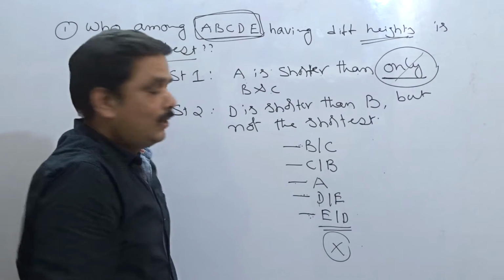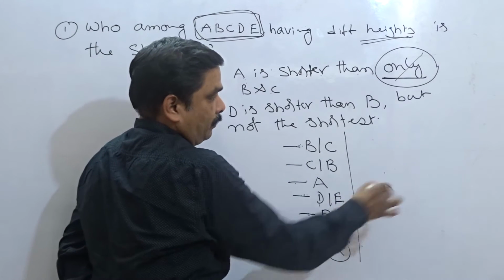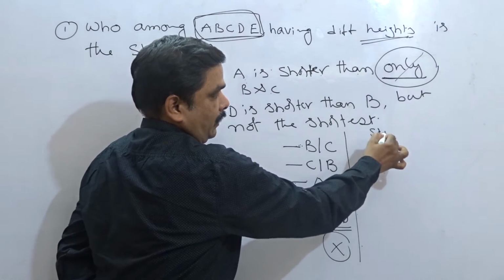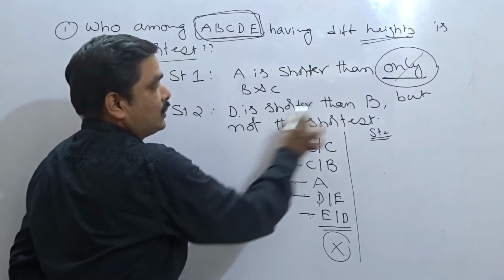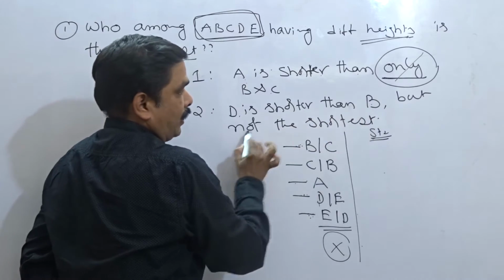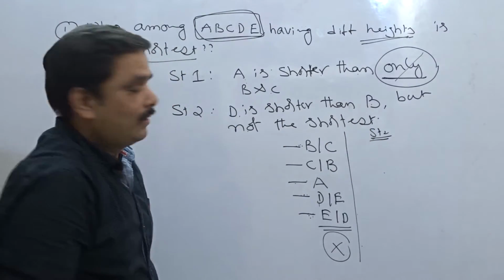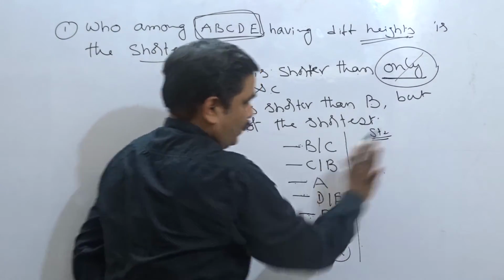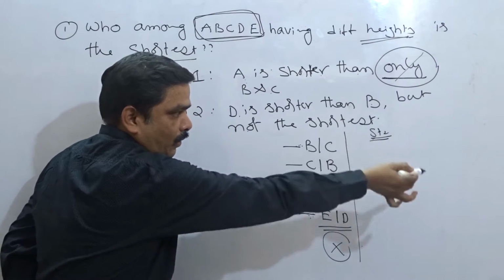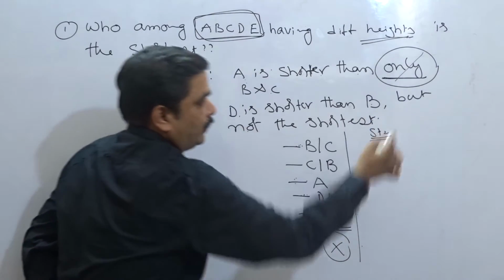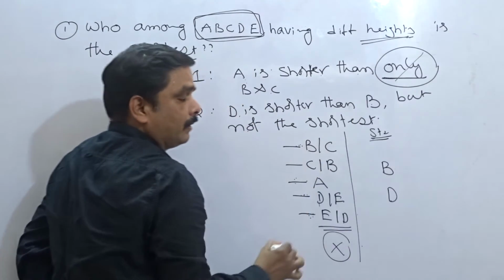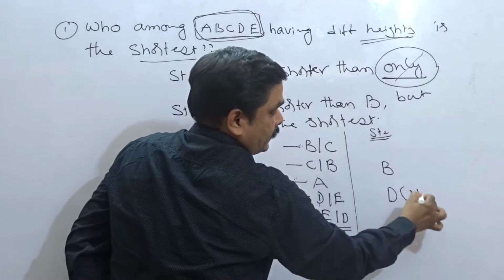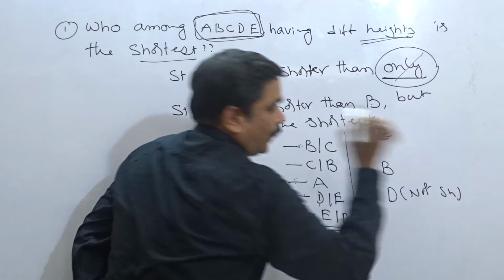Over. Now go for information number 2. What are the data given in statement 2? Statement 2 they have given: D is shorter than B but not the shortest. Now they have given it independently, so you have to go for this one. Don't be under the influence of the first one while going with the second one. D is shorter than B but not the shortest.